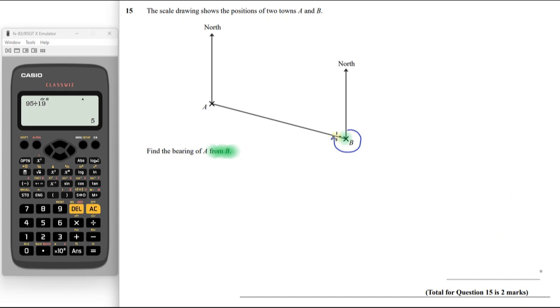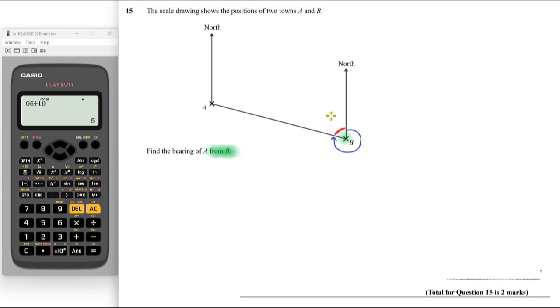I don't have a 360-degree protractor. So I'm going to measure this angle, and then I'm just going to take that away from 360 degrees. So bear with me while I put my protractor on the screen here. I'm trying to line it up as best as I can. And if I measure from 0, I get to 75 degrees, I think.